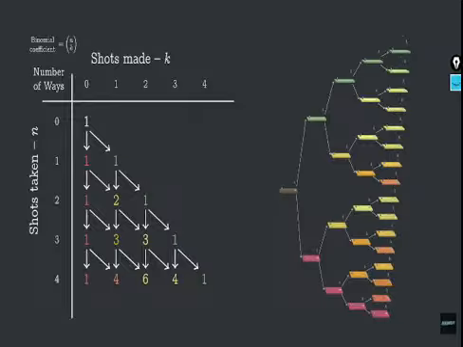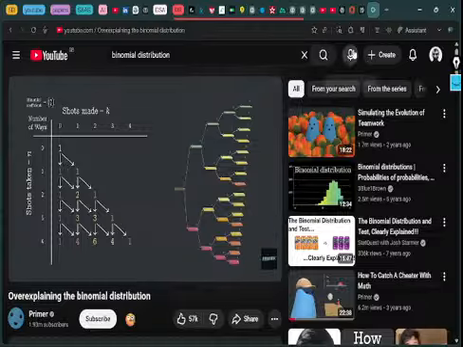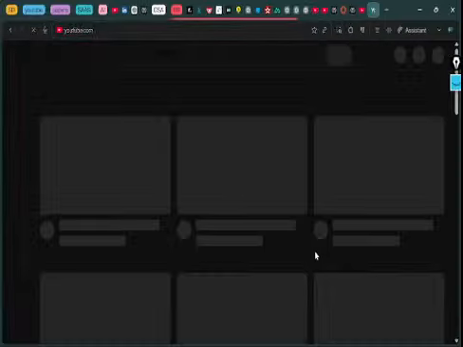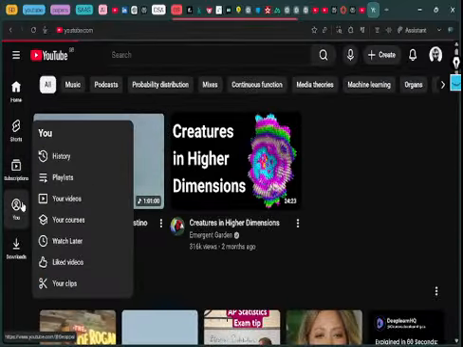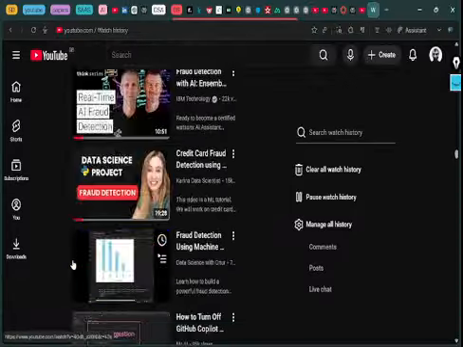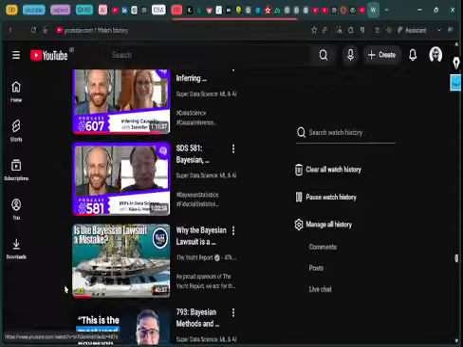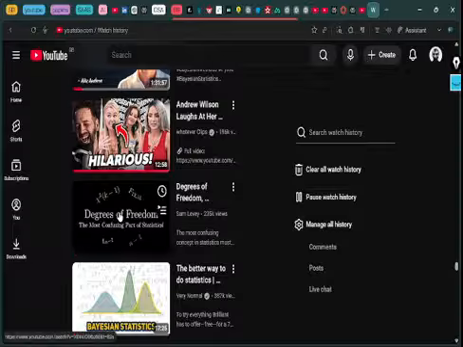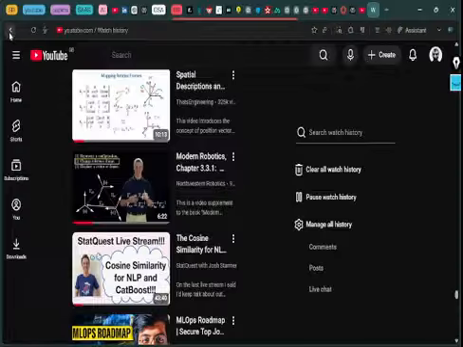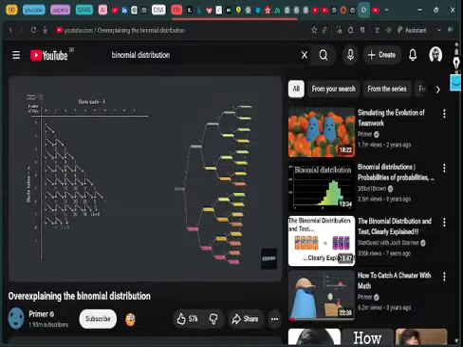So for 4 shots, it looks like there's still just 1 way to miss them all, 4 ways to make 1, 6 ways to make 2, four ways to make 3, and 1 way to make all 4. And we can just continue this pattern to find any number we need.